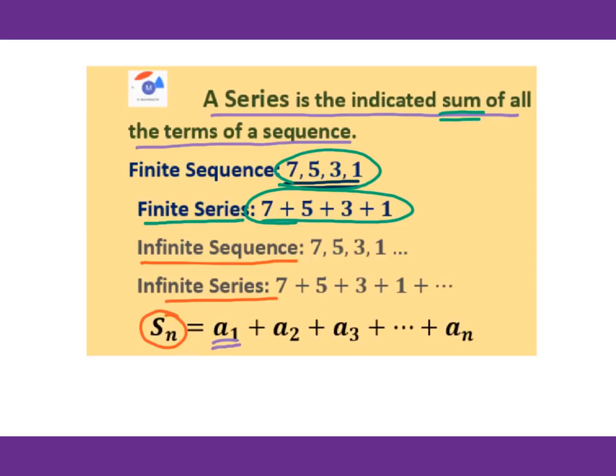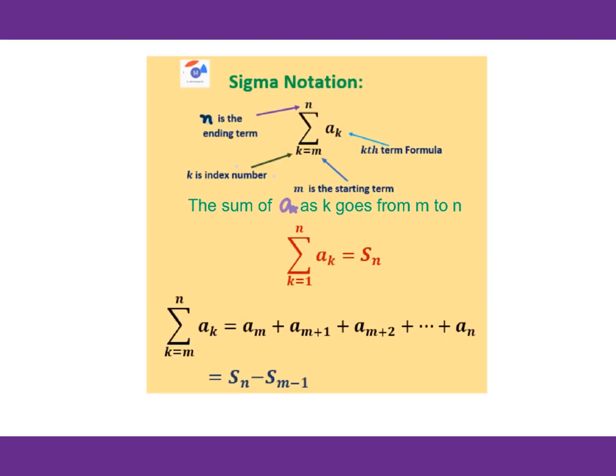If we want the sum of part of the sequence, we are going to use sigma notation. This is sigma notation, read as the sum of a sub k as k goes from m to n. A sub k is the kth term formula. K is the index number.